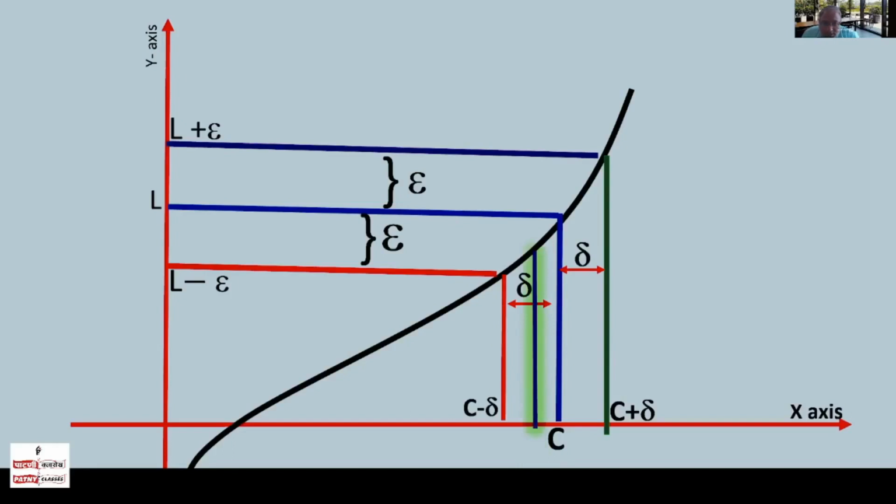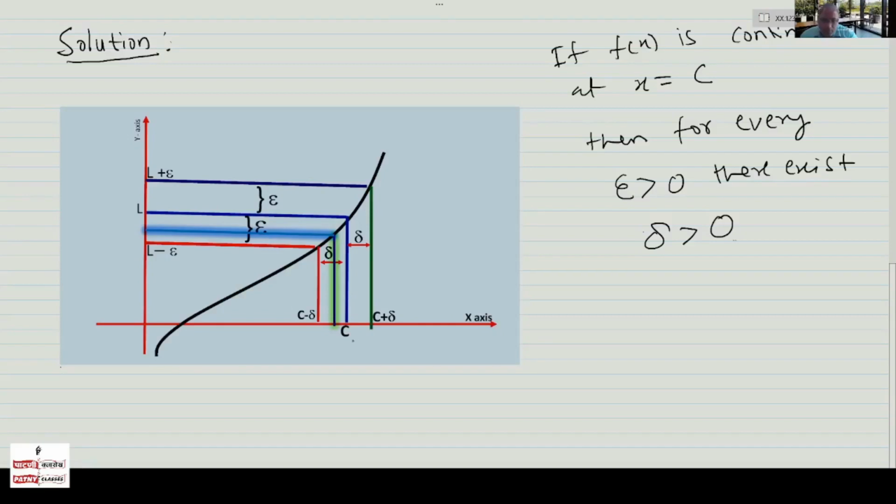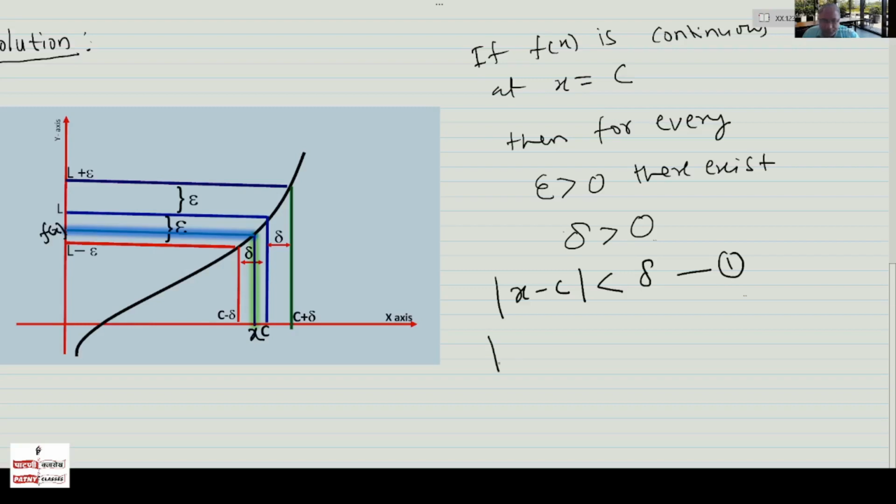Now draw x and the corresponding f of x on the y-axis. Now modulus of x minus c smaller than delta, and modulus of x minus modulus of c less than epsilon. Call it equation number 2.